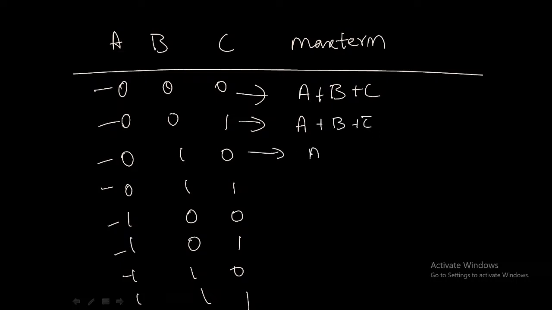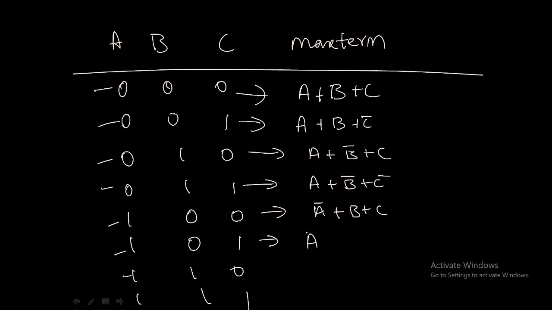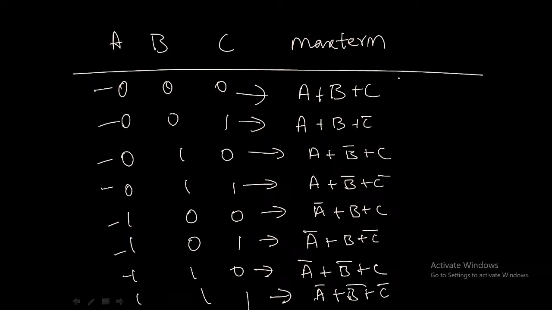Here A plus B bar plus C. And here A plus B bar plus C bar, followed by A bar plus B plus C, and A bar plus B plus C bar, and A bar plus B bar plus C, and here A bar plus B bar plus C bar. So these are the max terms corresponding to the following binary numbers.